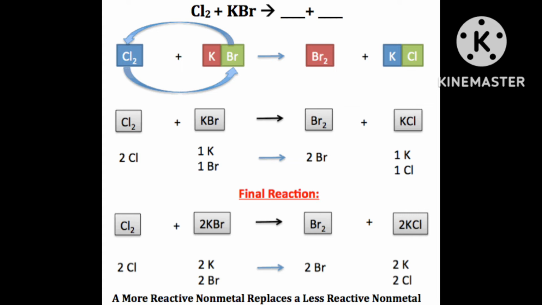Now I have given the example of how chlorine displaces bromine and iodine.